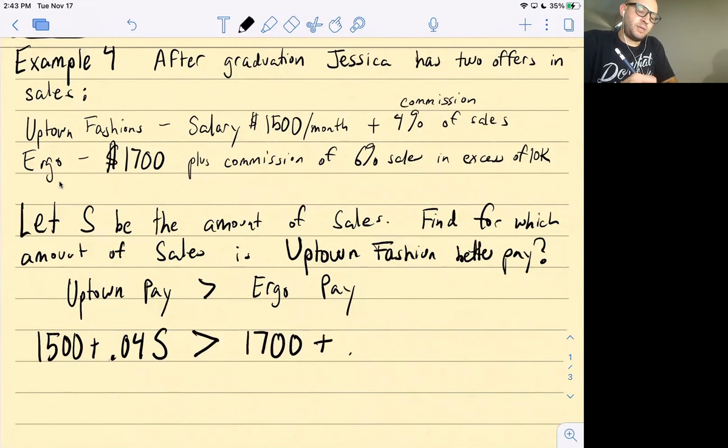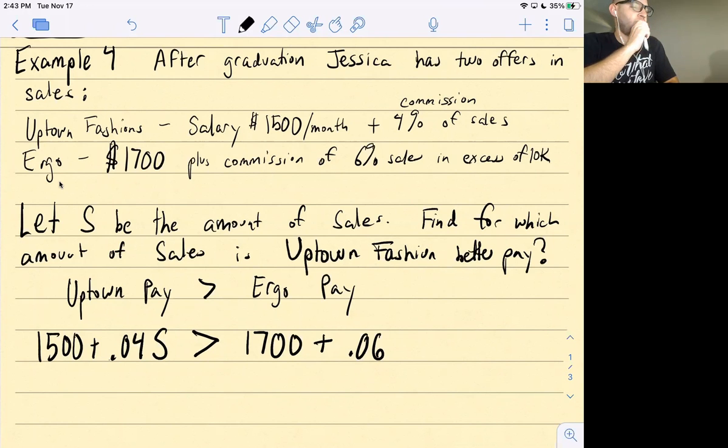But we want 6%. It's always helpful to work out a really concrete example. So imagine the sales were 15,000. What would we do to that 15,000 to figure out the commission for Ergo?